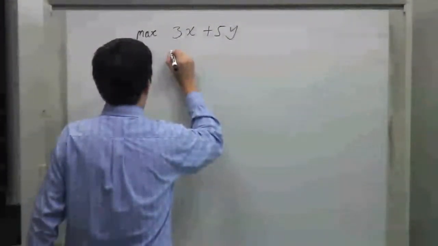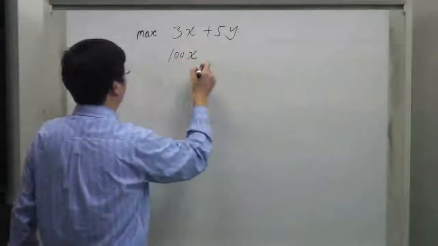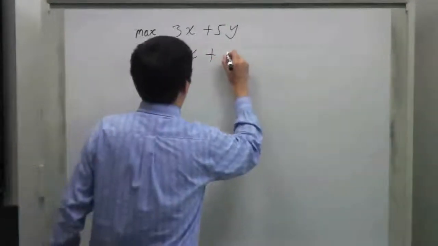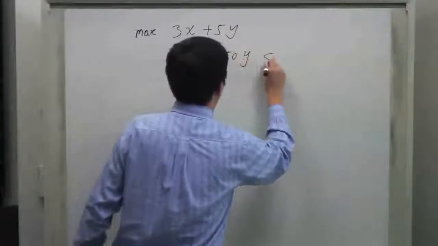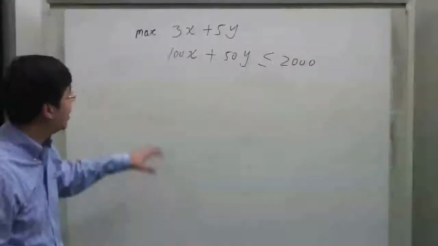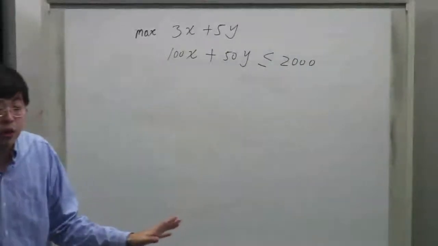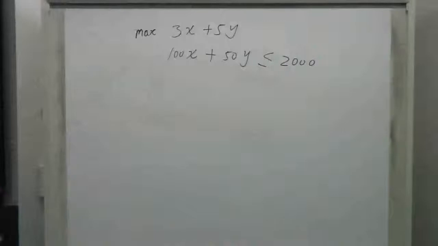Let's say 100X plus 50Y is equal to 2,000. Let's say this is 2,000 square feet. So each X takes 100 square feet, and each Y takes 50 square feet. Then you know that you can't hold a lot of X and Y. That's a combination. If you hold more X, that constrains Y.